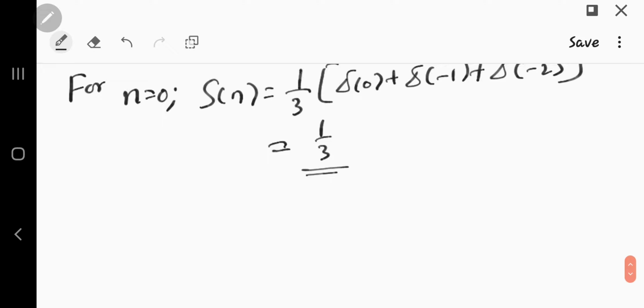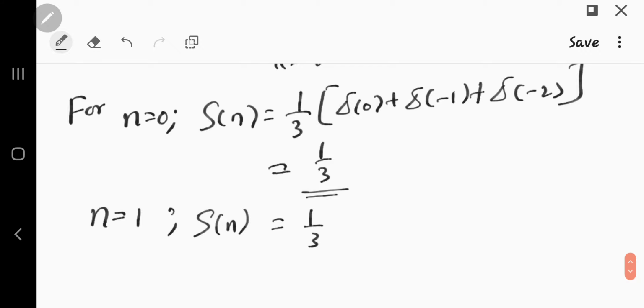Next, n is equal to 1. S of 1 is equal to 1 by 3 into delta 1 plus delta 1 minus 1, which is delta 0, plus delta minus 1.